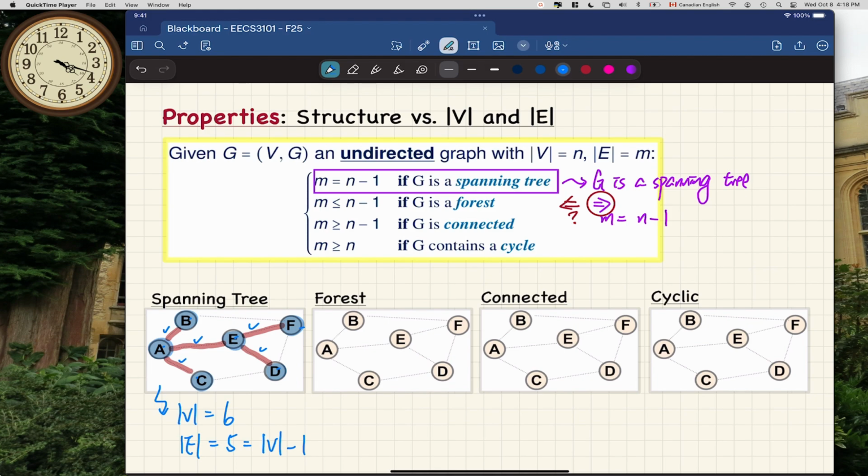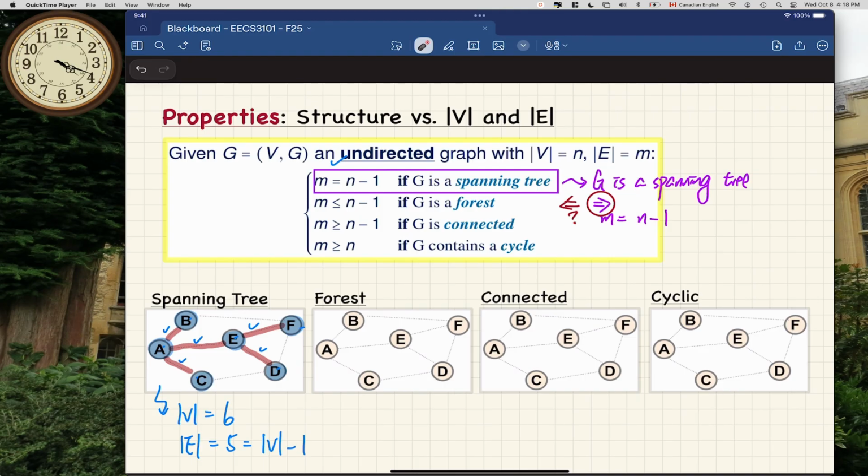So that one satisfies this property, because we said that the number of edges is E, and the number of vertices is V here, right? So this property is satisfied for this particular example, but I'm going to prove it. I'll prove this one for you together. Okay, we'll do that.